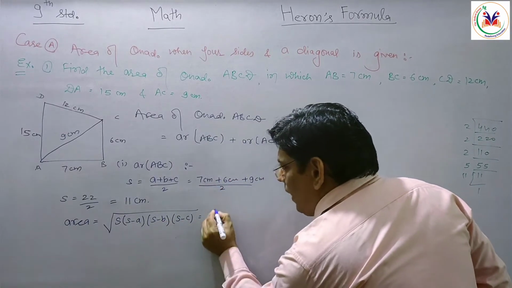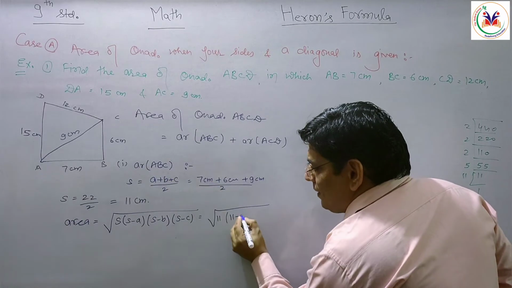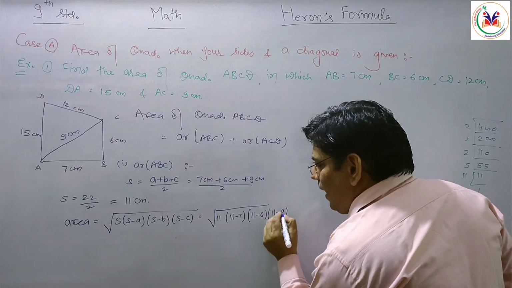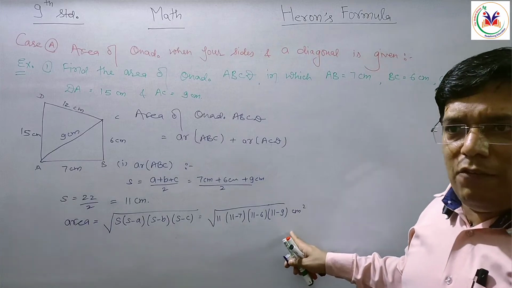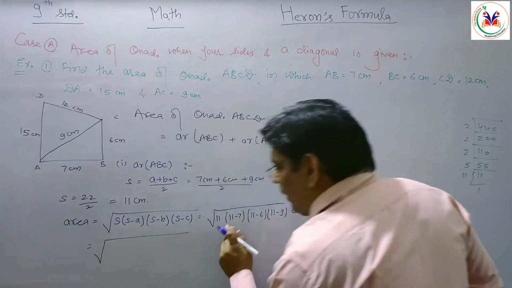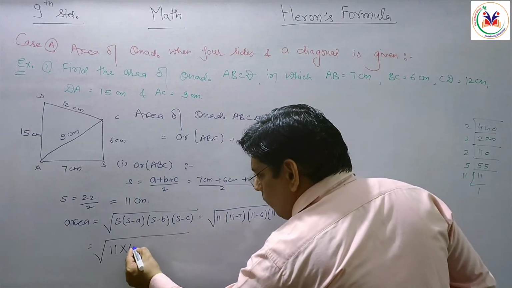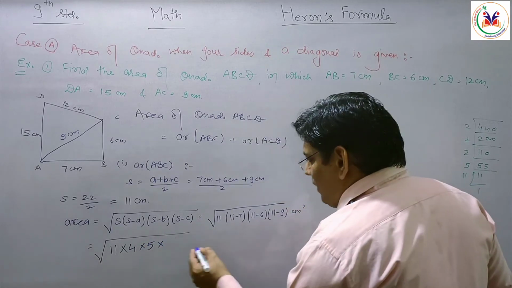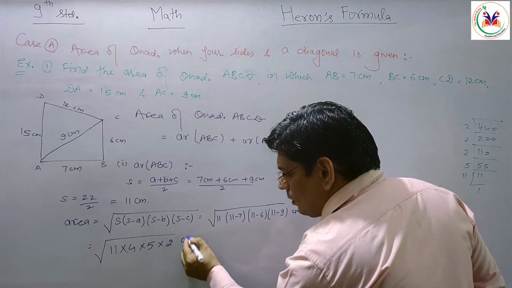We have s as 11, so 11 minus 7, 11 minus 6 and 11 minus 9, and that will be in centimeter square because the unit of area is square. So we can write 11 into 4, 5 and 2 centimeter square.